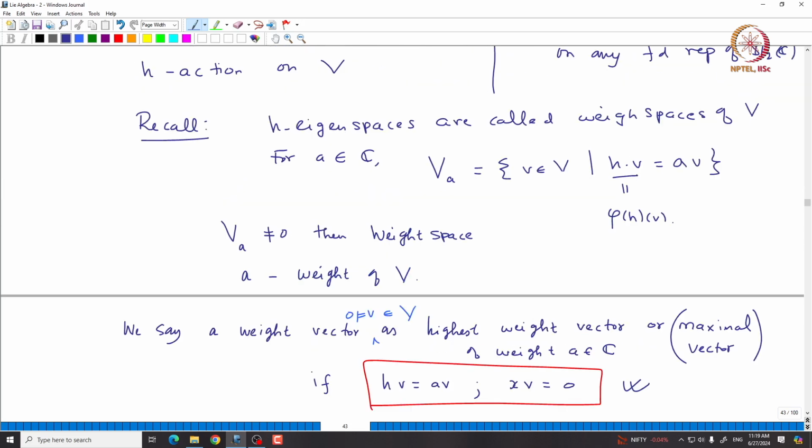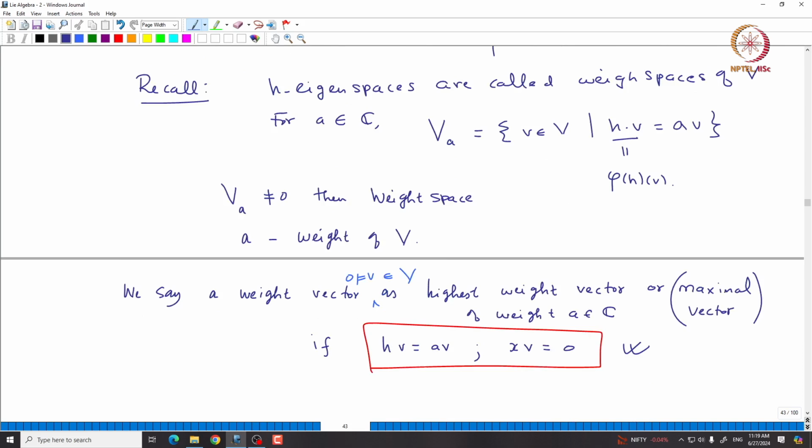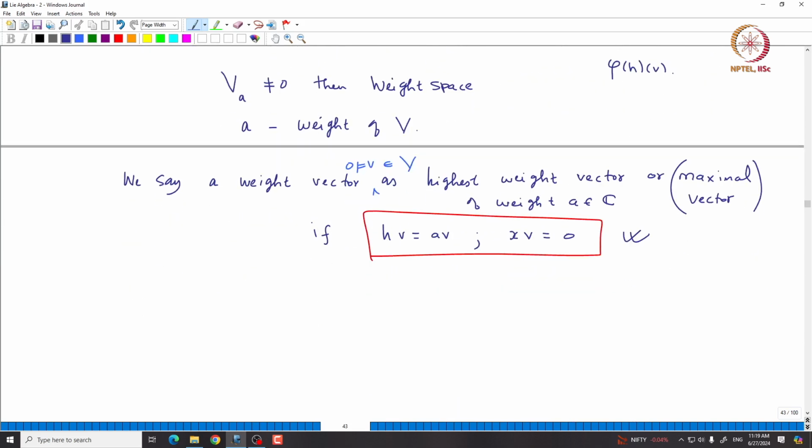We are interested in understanding what the submodule generated by this highest weight vector will be in any given finite dimensional representation of sl2c. But before that, let us try to understand what happens with an irreducible finite dimensional representation of sl2c. That case is somewhat easier to understand.